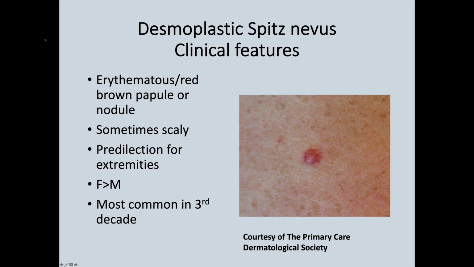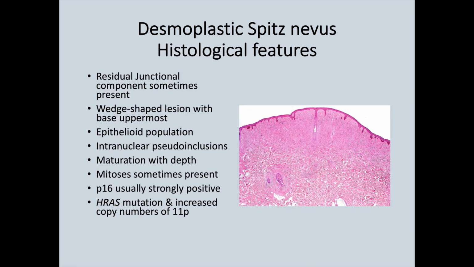I'm not sure why, but that's where we tend to see them. There's a bit of a predilection for females. I think you can see these at a wide age range, from children well up into middle age, but they're most common in the third decade. And I must remember to thank Primary Care Dermatological Society for this image, which I borrowed.